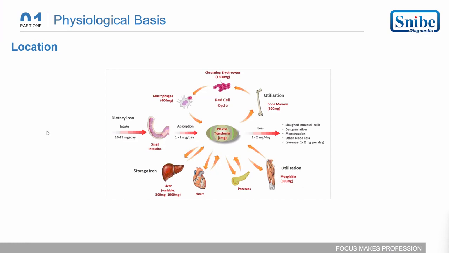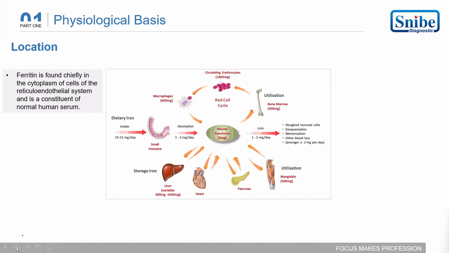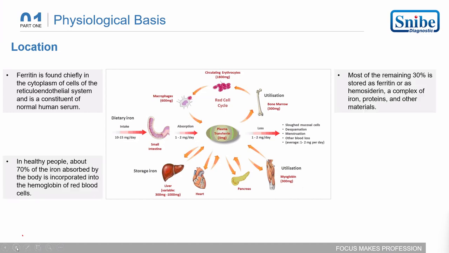If we talk about this, we can go further into more of the functions. The ferritin is basically found chiefly in the cytoplasm of the cells of the reticuloendothelial system, and is a constituent of normal human serum. In healthy people, about 70% of the iron absorbed by the body is incorporated into the hemoglobin of the RBCs.